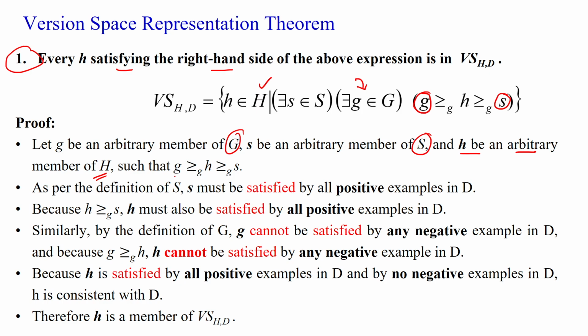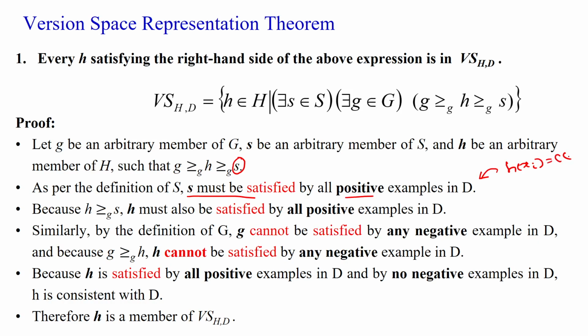So here the condition is that the general hypothesis is more general than or equal to the selected random hypothesis, which is more general than or equal to the specific hypothesis in the specific boundary. As per the definition, S must satisfy all the positive examples in D. So we are taking S as satisfying all the positive examples given in the data set D. Alright, that means h of xi equals c of xi.